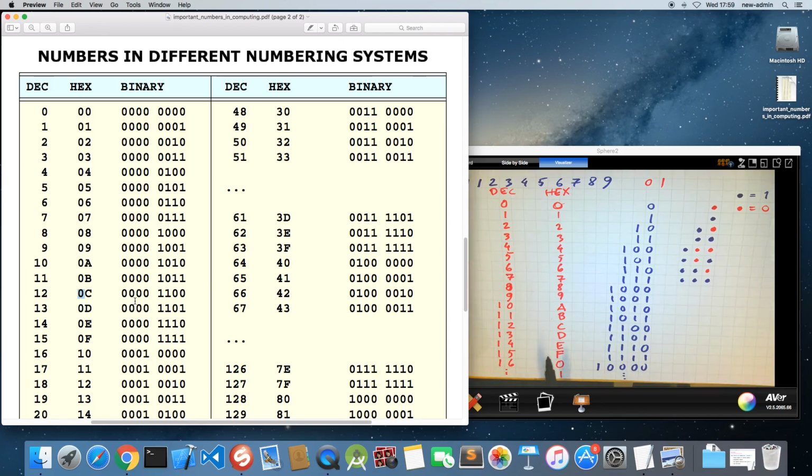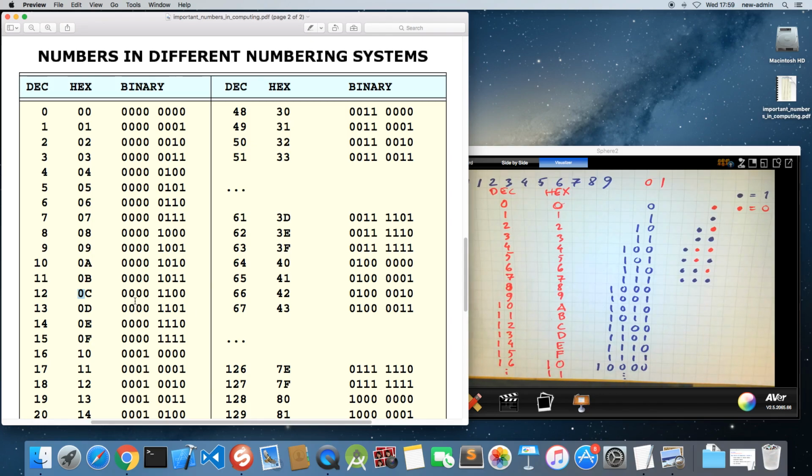So the hexadecimal system and the binary system relate to each other in a very nice way, and for that reason the hexadecimal numbers are used in computing.